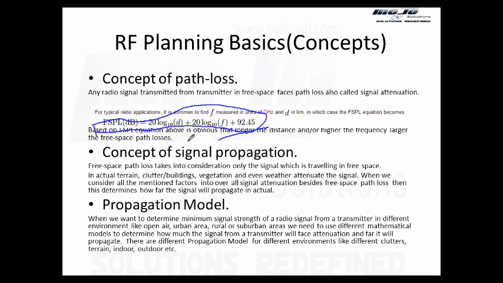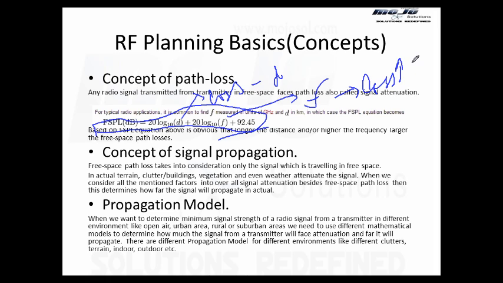I will just explain two things. You can see in this equation, if the distance is higher, your loss will be higher, and if your frequency is higher, your free space path loss will be higher. So remember those things.